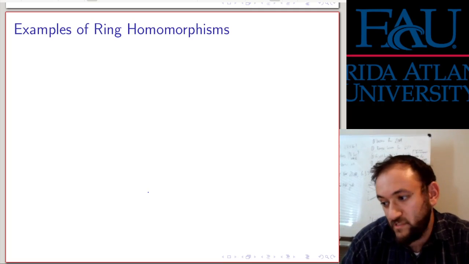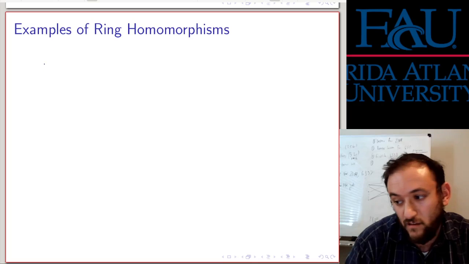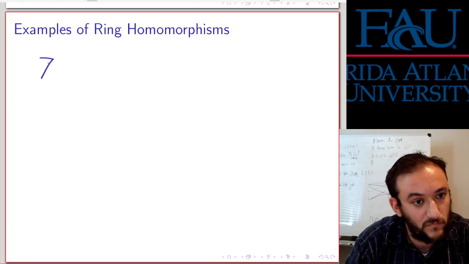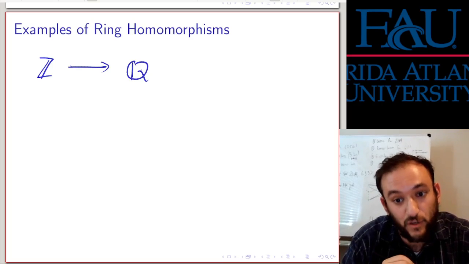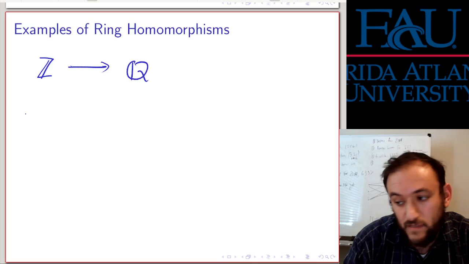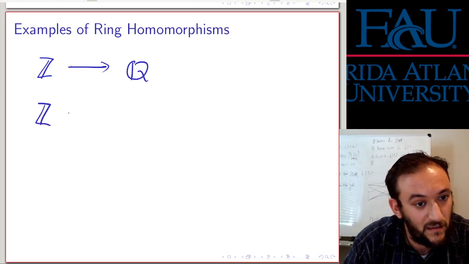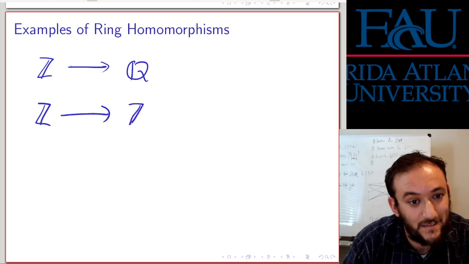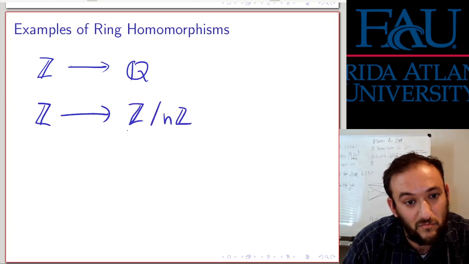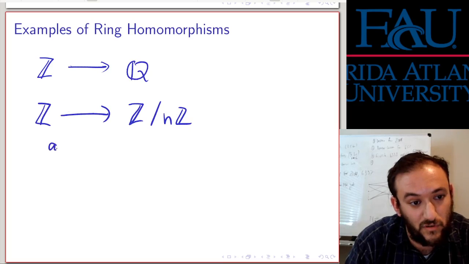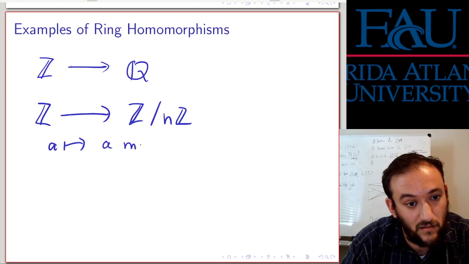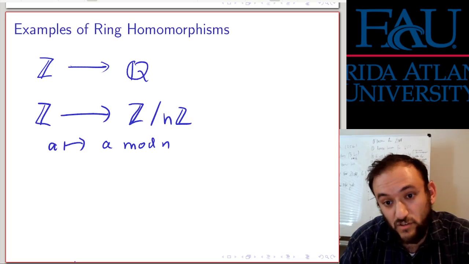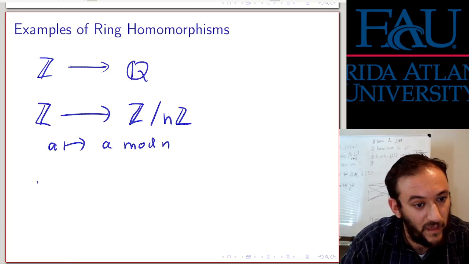And if you wanted some examples of ring homomorphisms, mapping Z to Q and just sending every integer to itself is a perfectly good ring homomorphism. Sending Z to Z mod n by sending every element to its equivalence class mod n, that's also a good homomorphism.